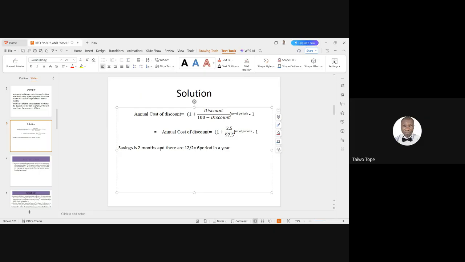So when you save 1 month within those periods, how many months will you save overall? 2 times 4. That is 12 divided by 2. You have it as 6 periods in a year. Going by the number of periods saved, this will be raised to the power of 6.